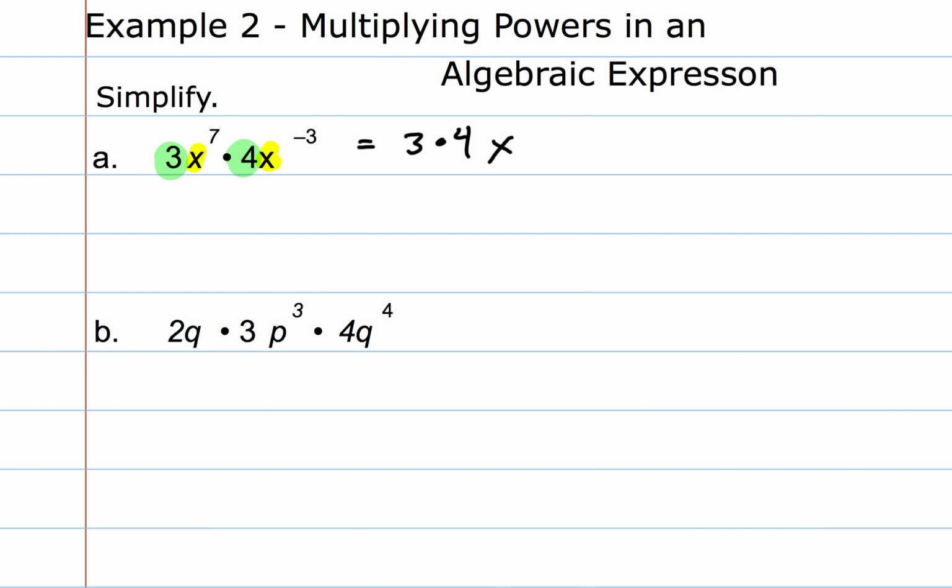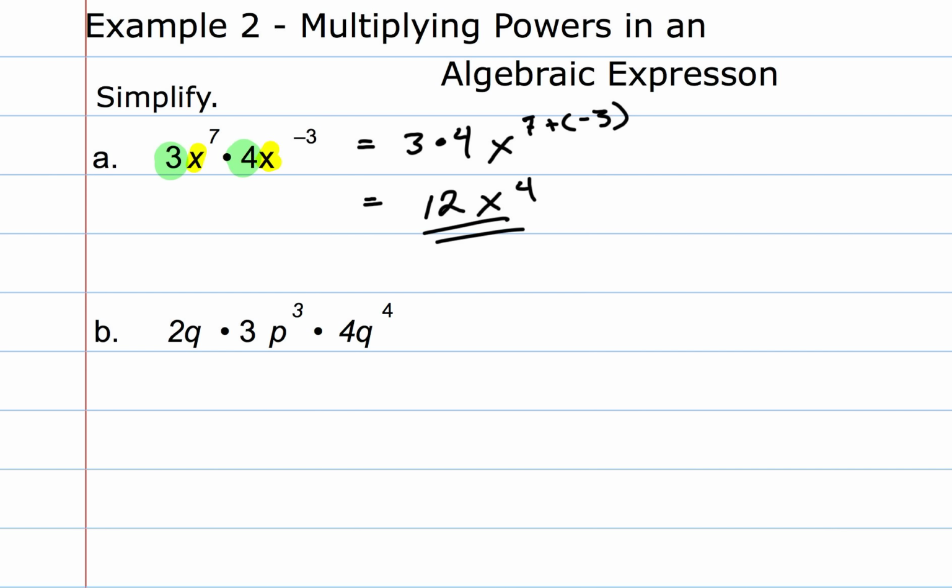You can do that in your head, or you could write it down as I am about to here. What I have here is 7 plus negative 3. And when I simplify that one step further, 3 times 4 is 12. And when I simplify that exponent by adding, 7 plus negative 3 is a positive 4. So I get 12 times x to the 4th.